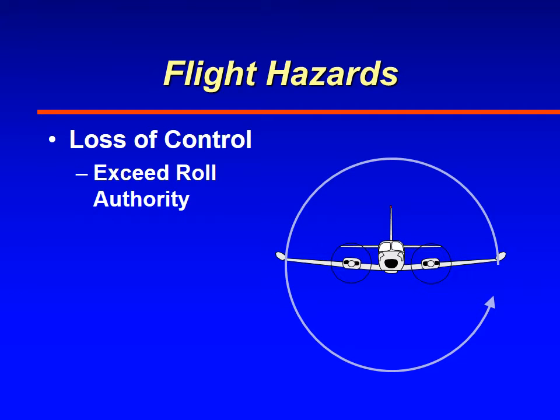Another thing that can happen is that the airplane may not have enough roll authority to extricate itself or prevent the aircraft from flipping over if it finds itself in a vortex. These vortices happen typically at low altitudes.